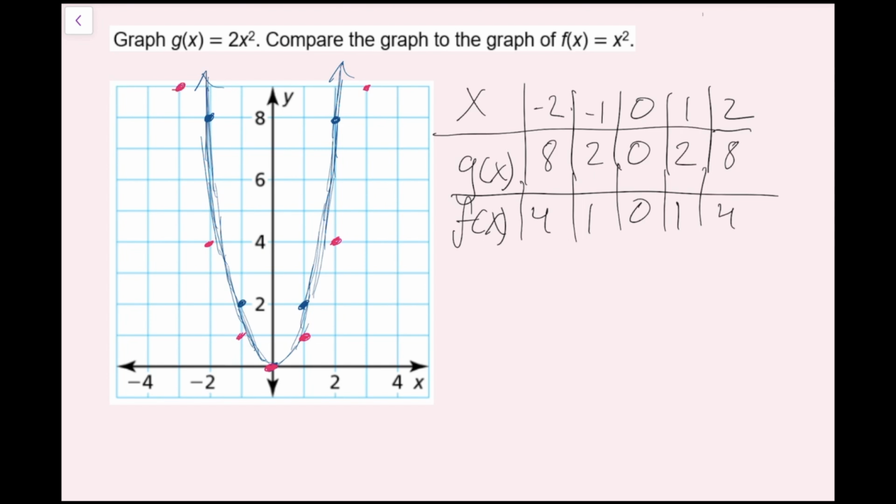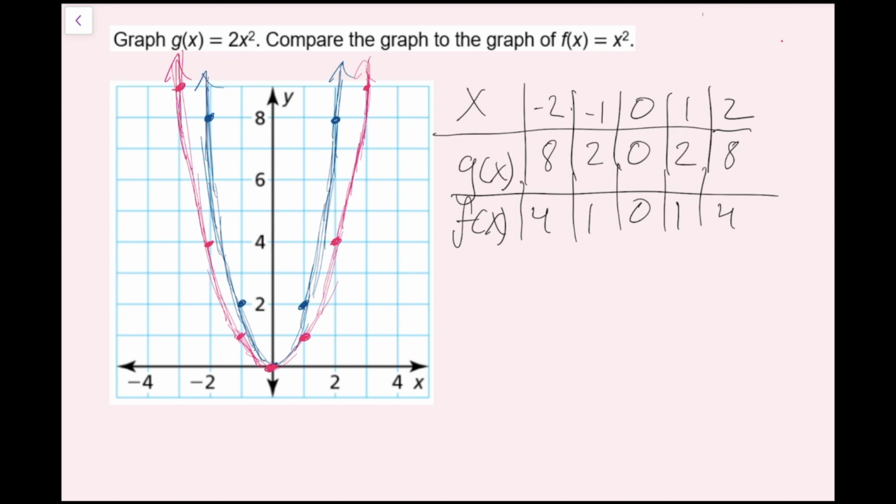Anyway, I'm going to draw my smooth curve through here. So obviously this is not perfect, but it's good enough for a sketch.